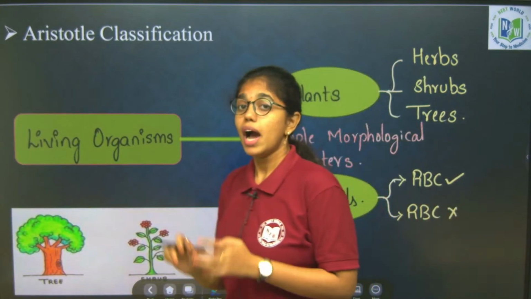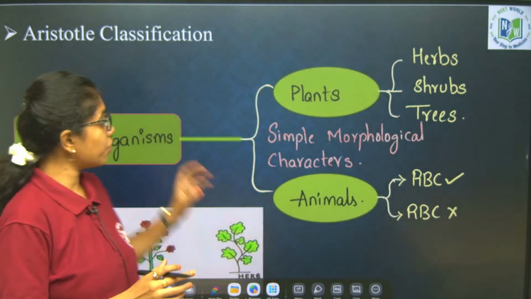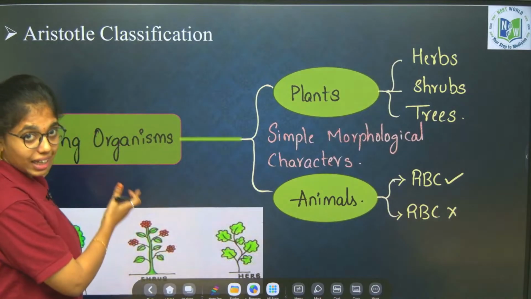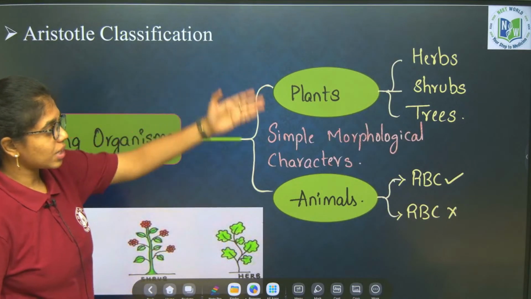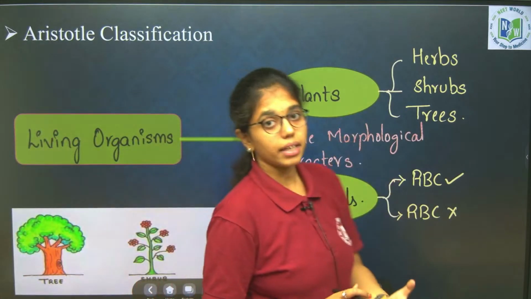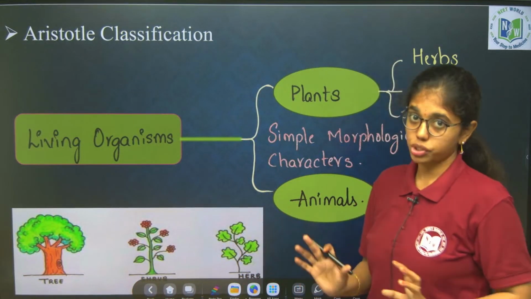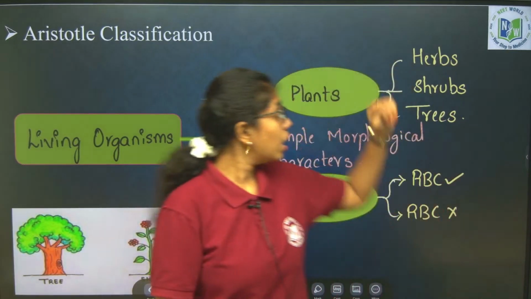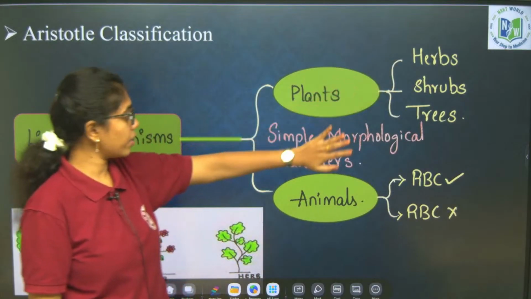As I told you, Aristotle gave us the first scientific method of classification, wherein he classified living organisms into plants and animals. Based on their morphological features, he classified the plants into 3 types: herbs, shrubs and trees.